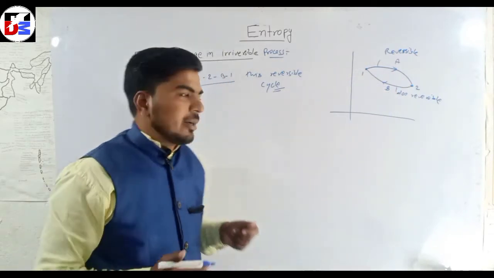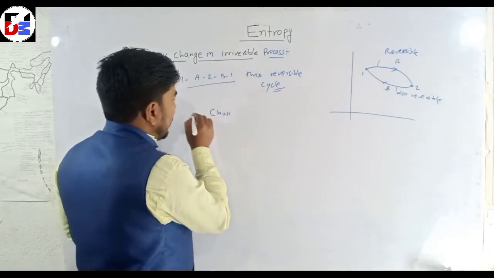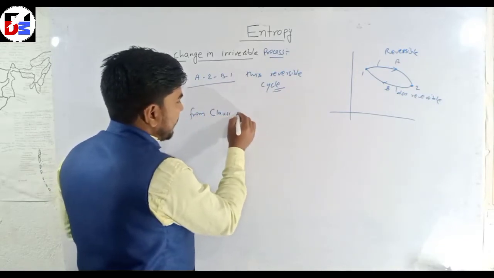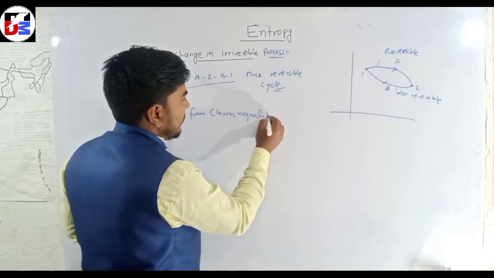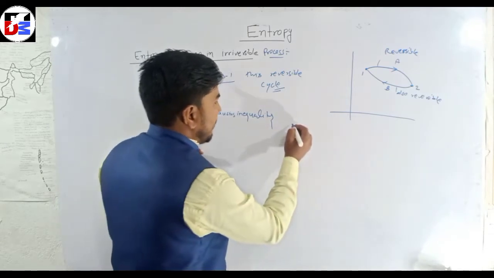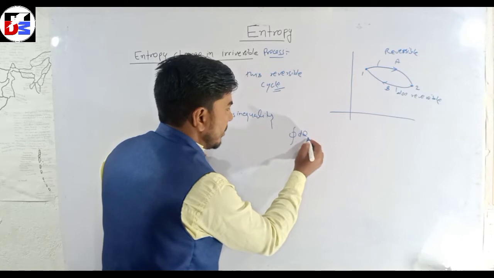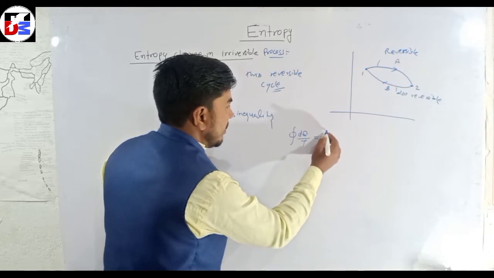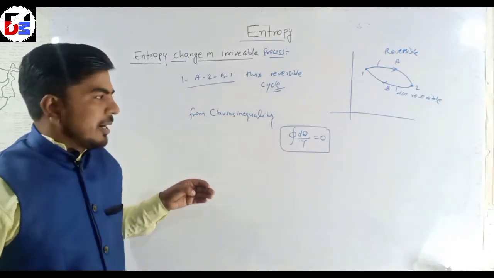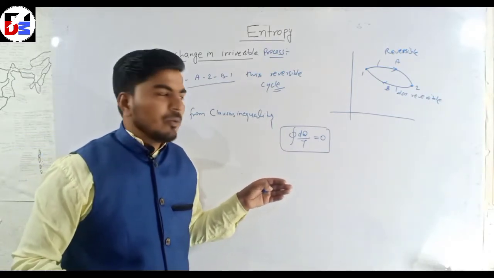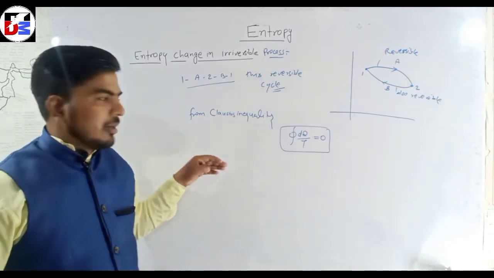And we know the Clausius inequality. From the Clausius inequality, for a reversible cycle the cyclic integral of dQ/T is equal to 0. This is the proof in the part 2 entropy lecture. You can see that video, whose link is in the description box.